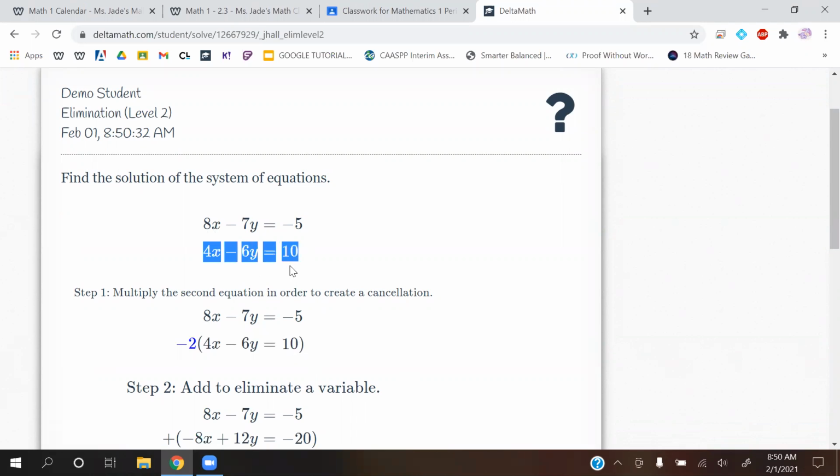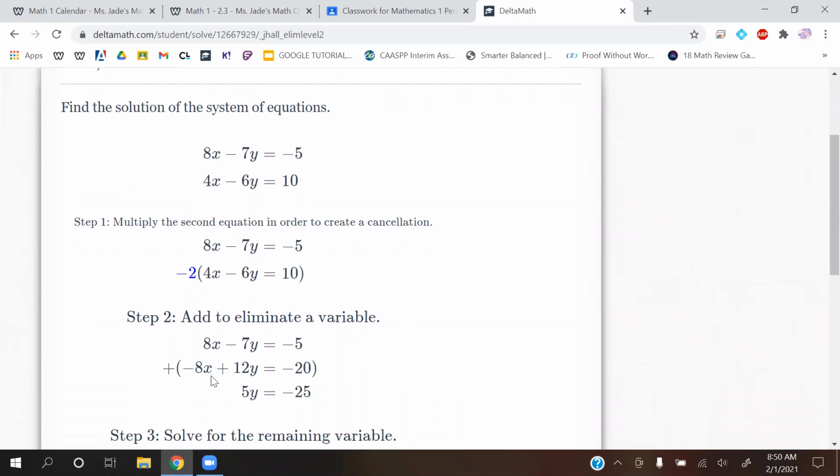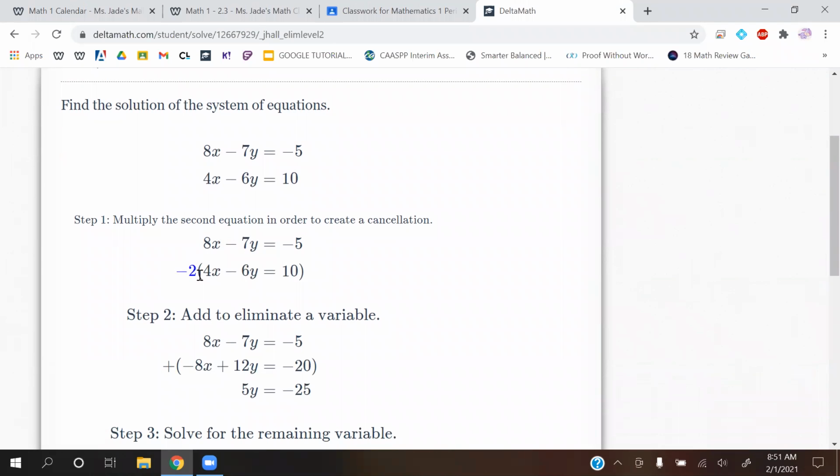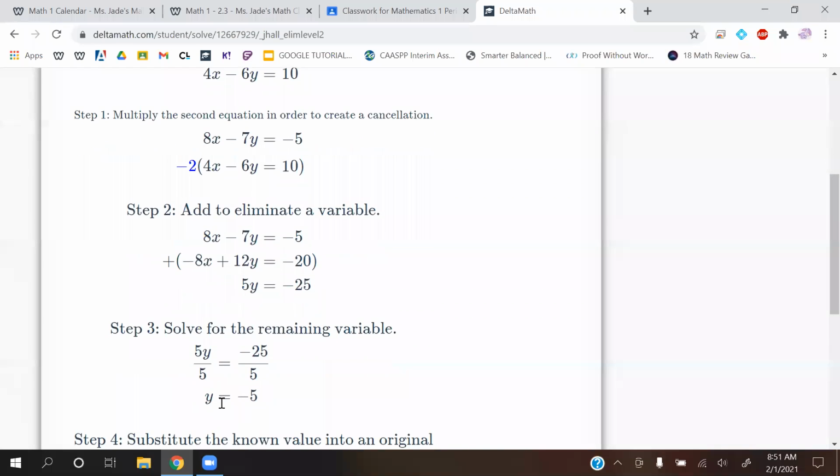That's what they did here. They took this equation and multiplied it by negative 2, so that once you distribute, you get negative 8x plus 12y is equal to negative 20. Then you have your opposites. They will eliminate each other and cancel out. You add straight down, and then you can solve for y.